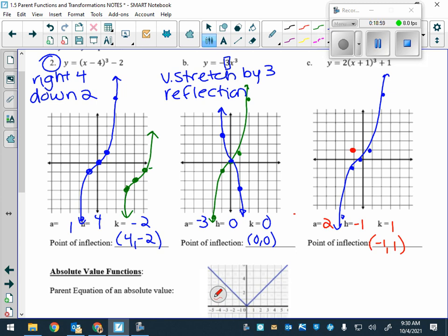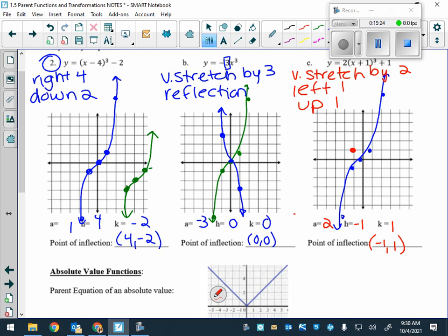Nick, give me one. Vertical stretch by 2. Good. Grant, give me another. Left one. And Zoe, what's another? Good. Okay. So we have this.